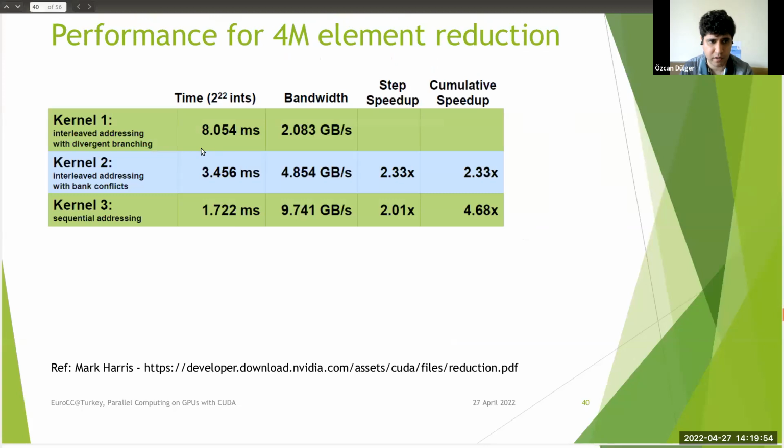So the performance of kernel 3 is here. Execution time is 1.7 milliseconds, the step speed up is 2x, and the cumulative speed up is 4.68 with kernel 3.